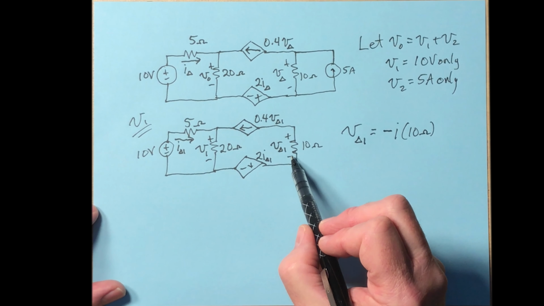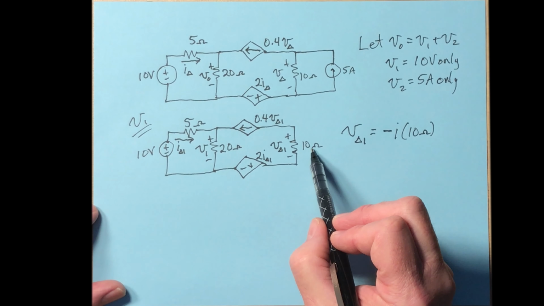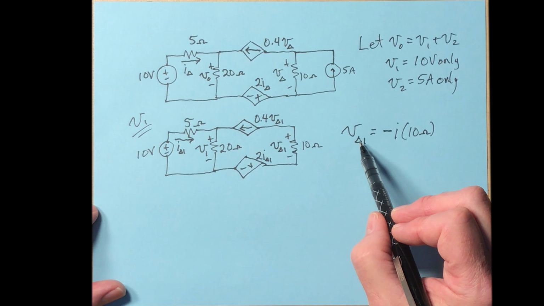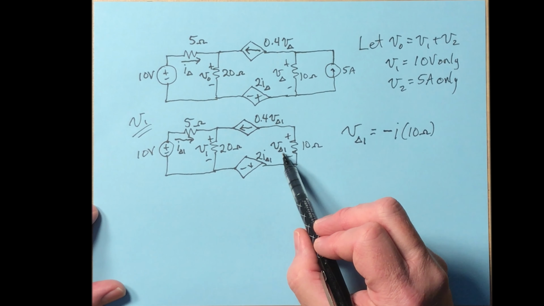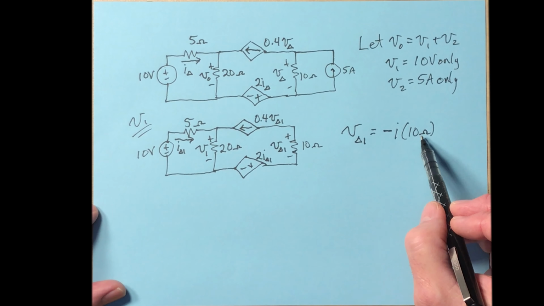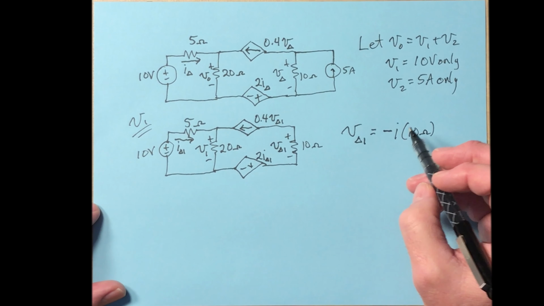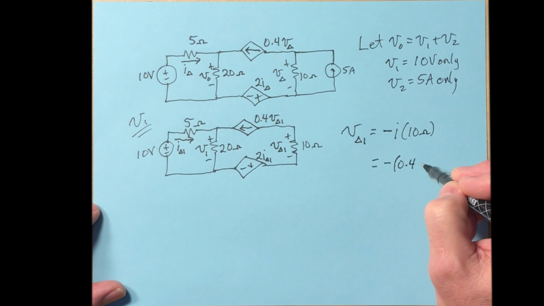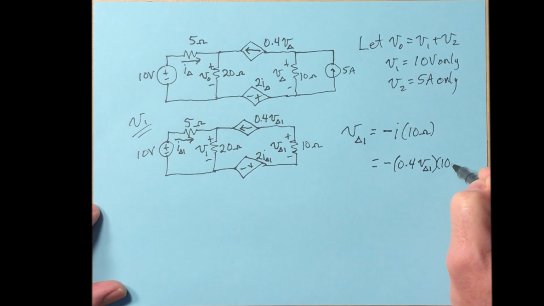And I notice that current enters the negative terminal of the 10 ohm resistor. So I can write Ohm's law this way for the 10 ohm resistor. V delta 1, that voltage there, is equal to minus I times the resistance of the 10 ohm. Now I can substitute in for I. That's going to be minus 0.4 V delta 1 times 10 ohms.